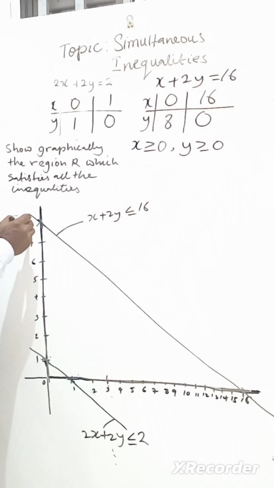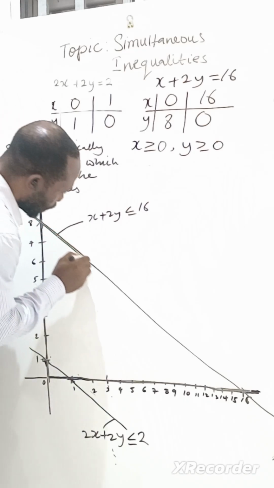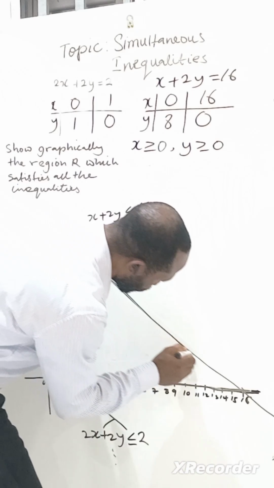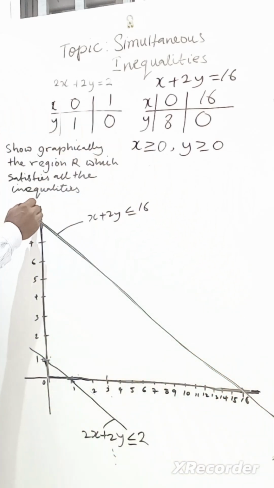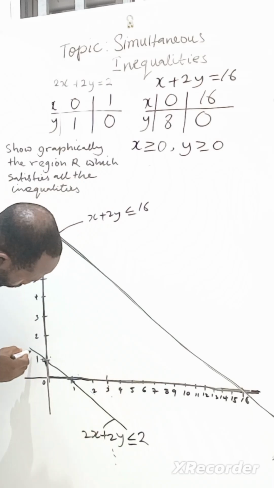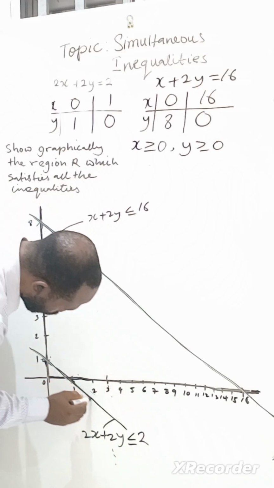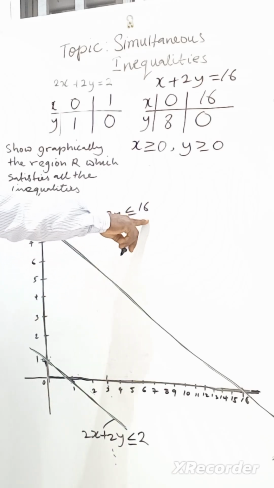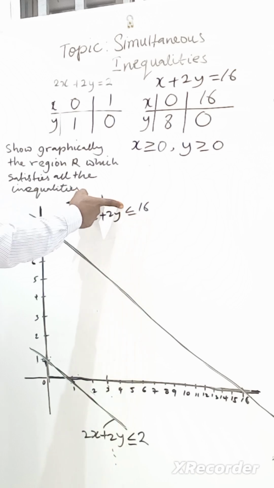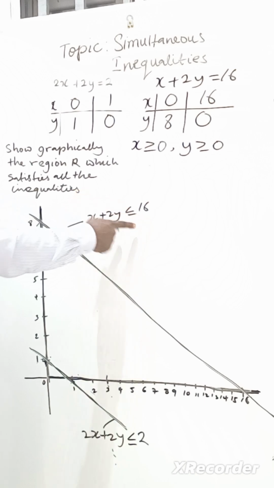Okay? Now my lines are going to be thick lines because my inequality signs are not single. They have an equal to sign attached to them. So this is x plus 2y less than or equal to 16. It is not just less than, it is less than or equal to.